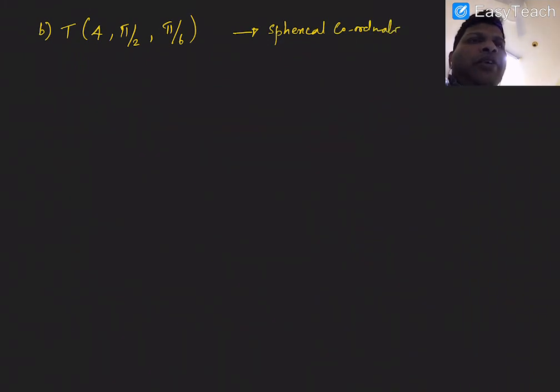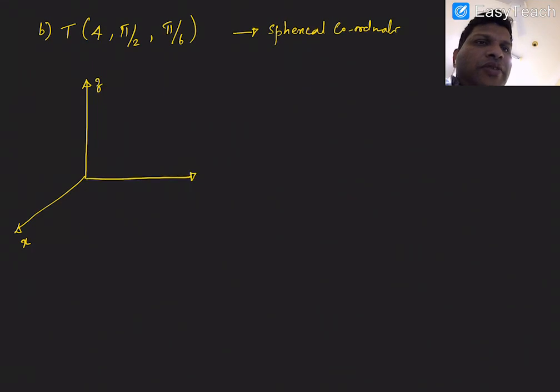So in the spherical coordinate system, you know that this is the z-axis and this is the x-axis and this is the y-axis. So the values are 4, pi by 2 and pi by 6.